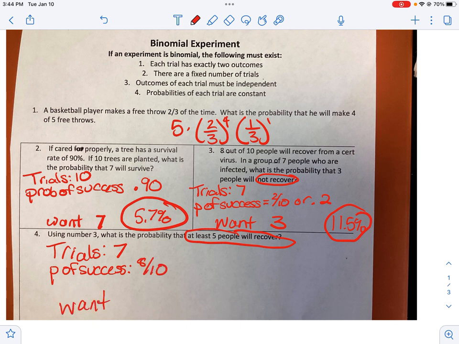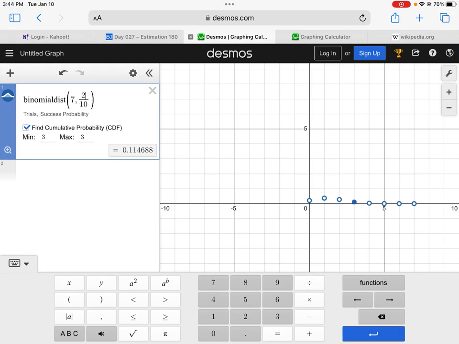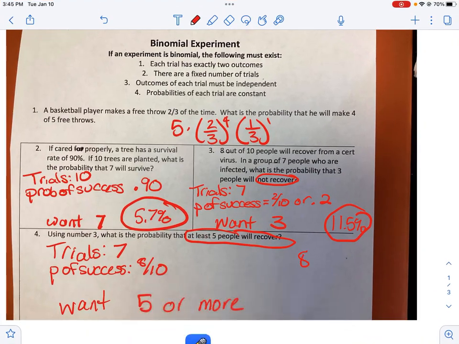At least 5 or more, because we want at least 5 people. So the only thing that changes back here is we want this to be 8 out of 10. And if we want 5 or more, that means 5 all the way up to the 7 people to recover. So 5, 6, or 7. So our min is 5, our max is 7. So we have 85.2%.